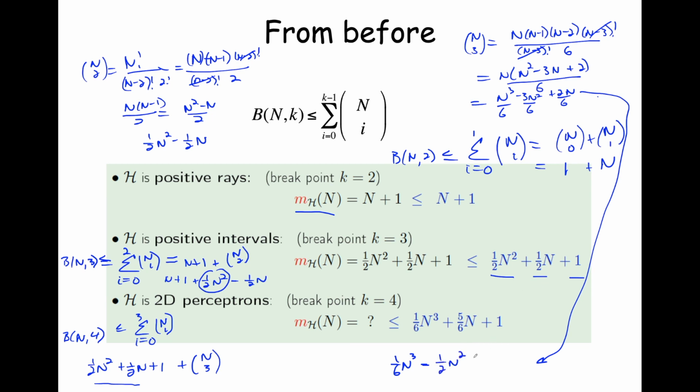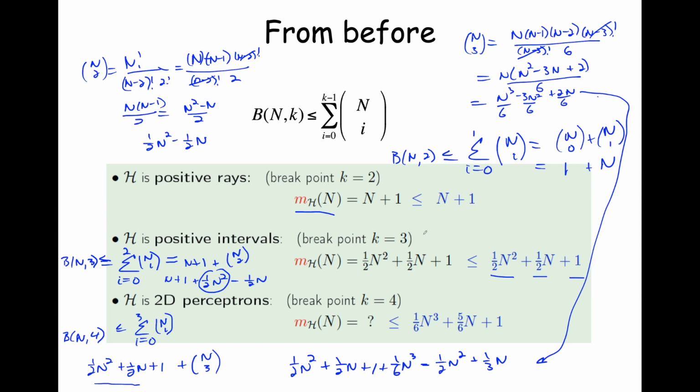And 2 over 6, that's 1/3, plus 1/3 n. And so we're going to add those to the 1/2 n squared plus 1/2 n plus 1, what we had before.